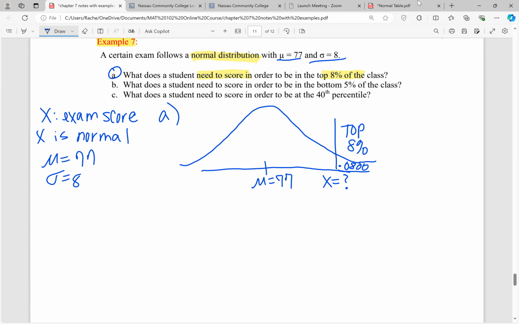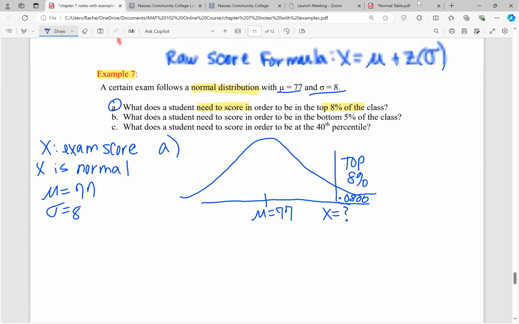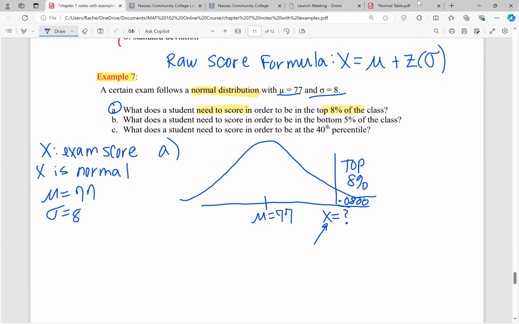Well, in order to get a raw score, because this X value represents a raw score, we need to use the raw score formula. What do we need for the raw score formula? We need mu, we need z, and we need sigma.